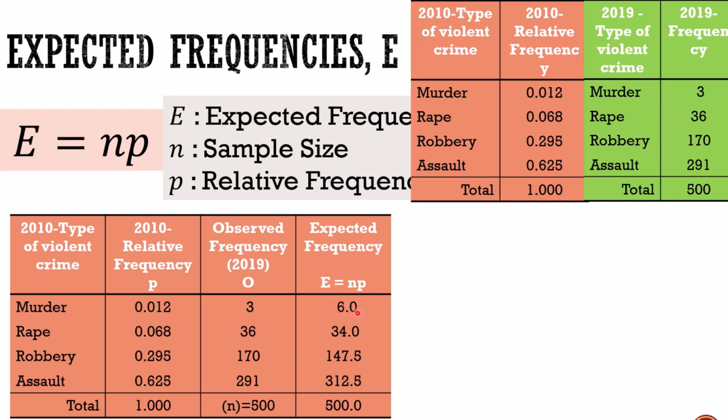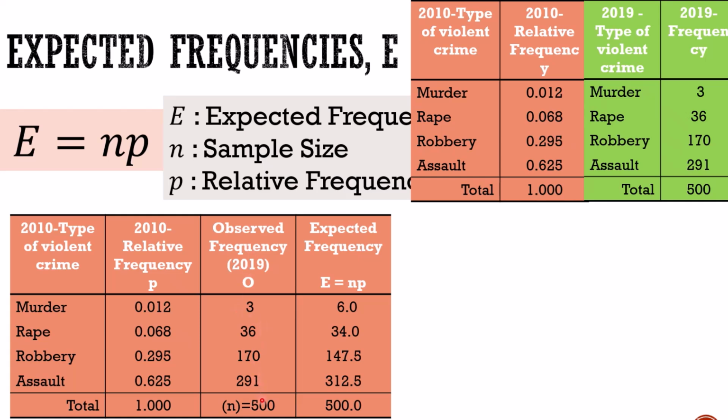E is the expected frequency, N is the sample size, and P are all these proportion values of the relative frequencies. Correct? So what we are doing is multiplying each of these P values with N. What is N? N is the sum total of all the frequency values from 2019 in this case. So all the observed frequency values.